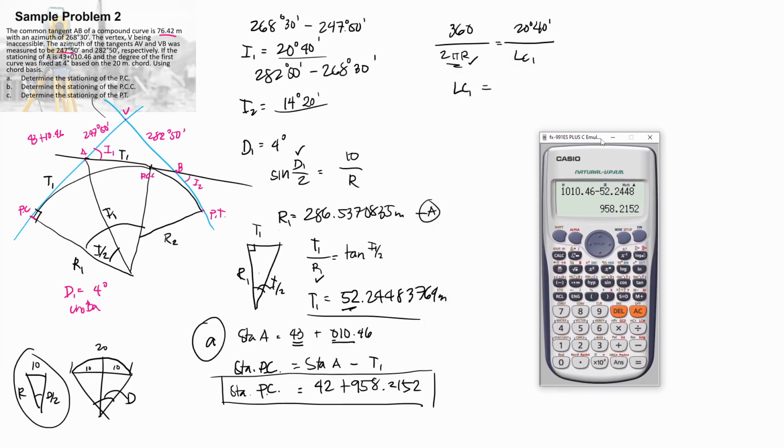So we have 20 degrees, 40 minutes multiplied by 2 pi r over 360.